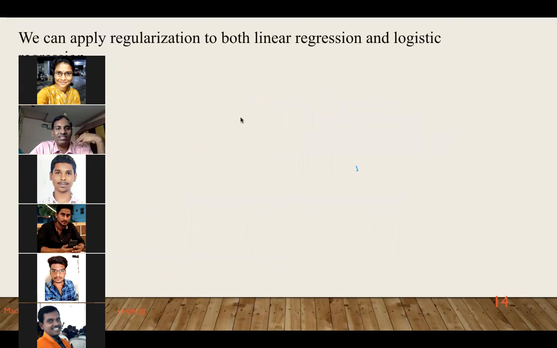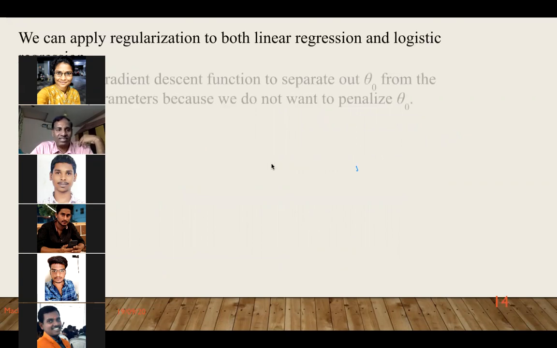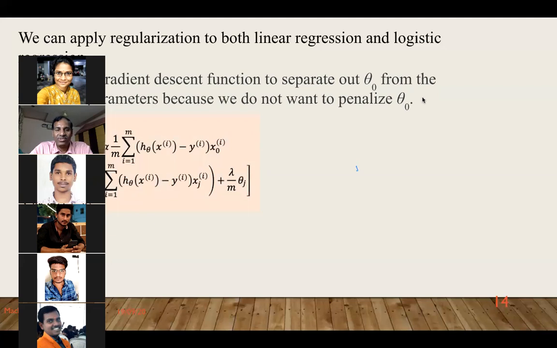We can apply regularization to both linear regression and logistic regression because the thetas are the same in both equations. Modify our gradient descent function to separate out theta naught from the rest of the parameters, because we do not want to penalize theta naught. Theta naught is the constant term, so don't include theta naught in the regularization terms.